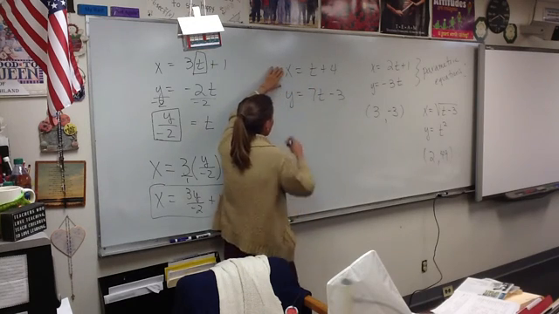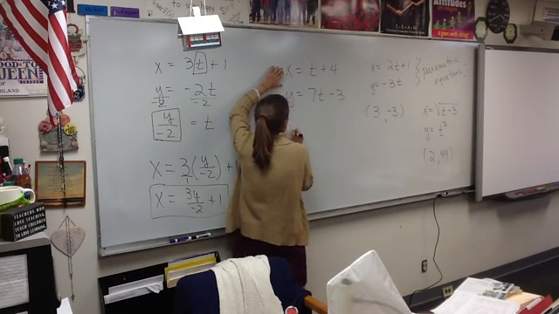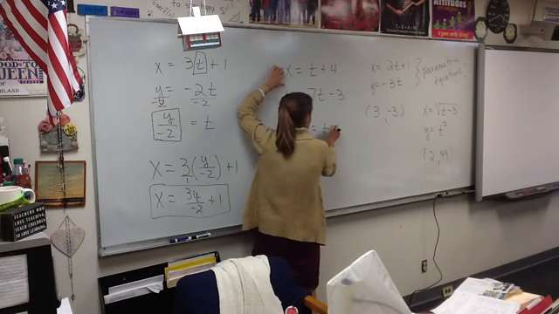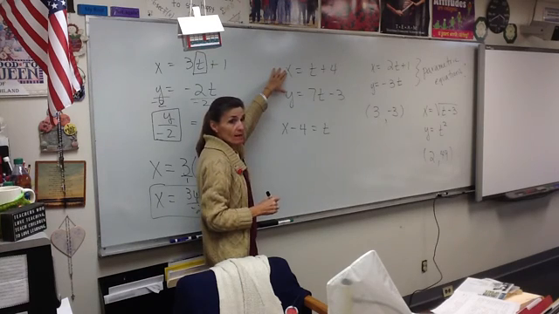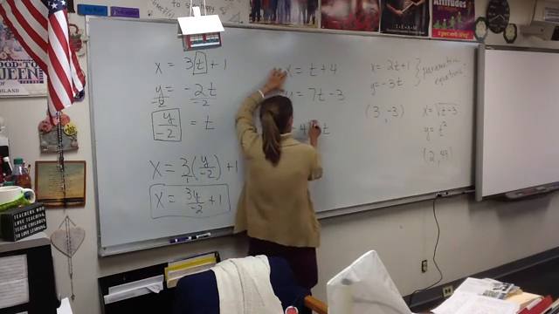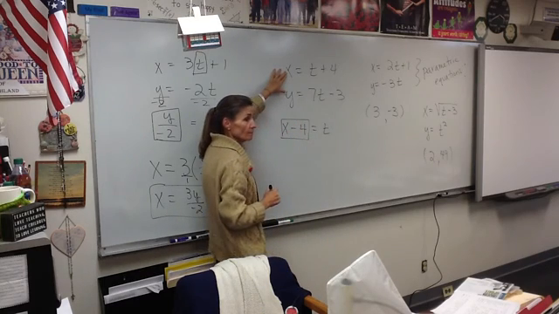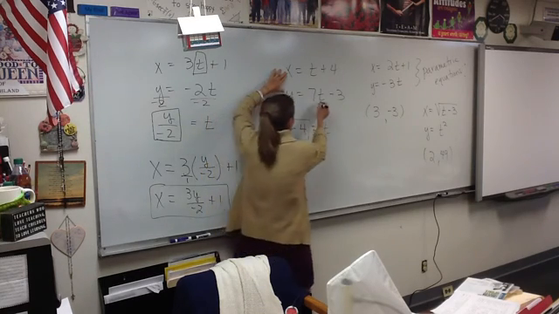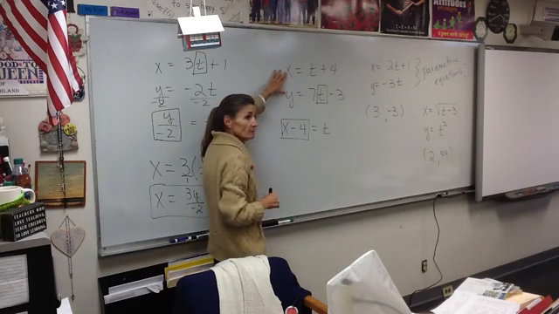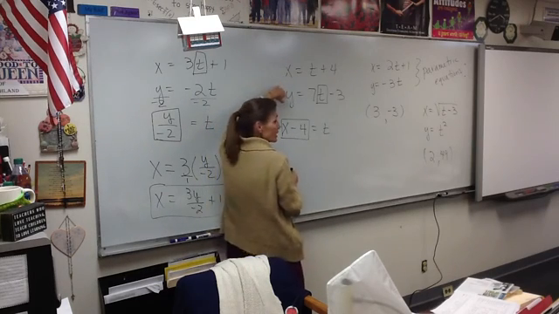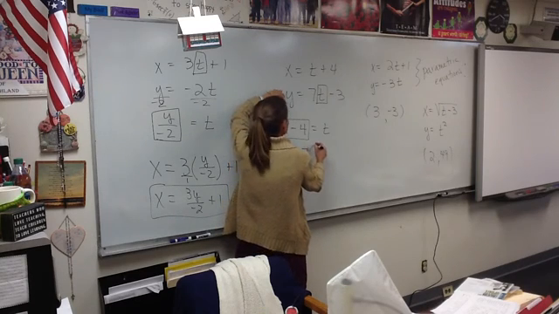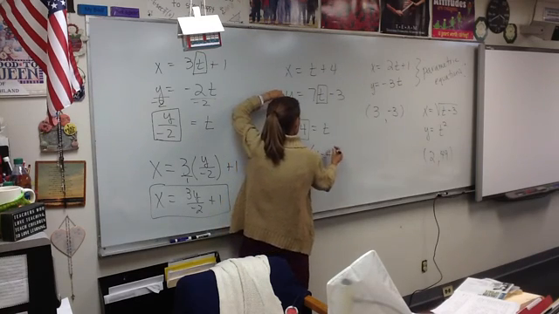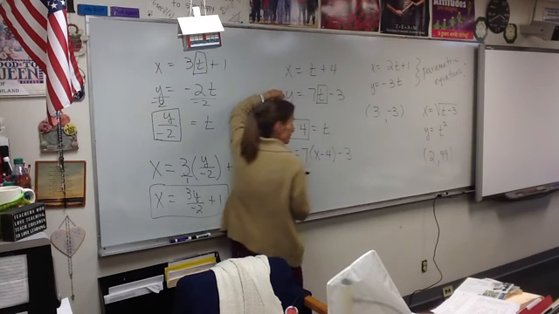So if I do the top one, then x minus 4 equals t. Everybody okay with that? Now, what am I going to do with this x minus 4? Times it by 7. I'm going to put it right here. So what's that equation going to say? Y equals 7 parentheses x minus 4 minus 3.